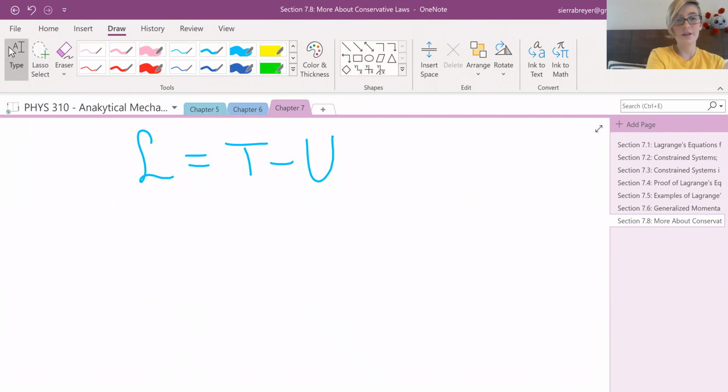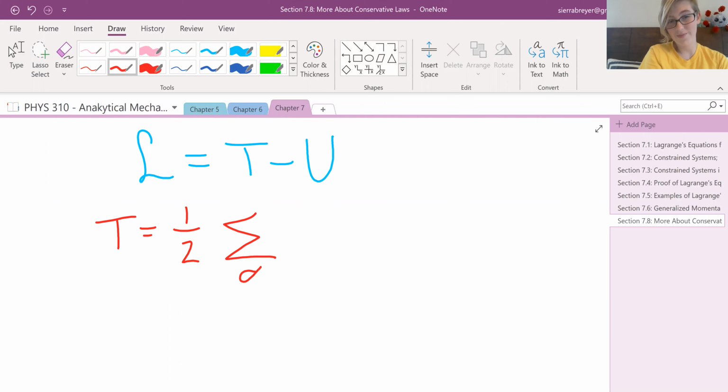Okay, so I know that kinetic energy is 1/2 the sum of all the masses times all of their velocities squared. I know that.